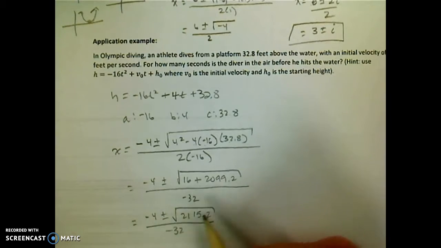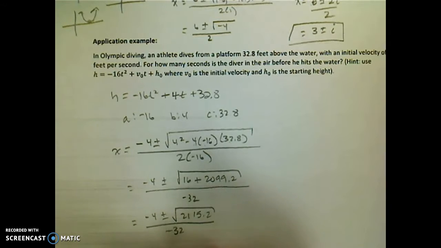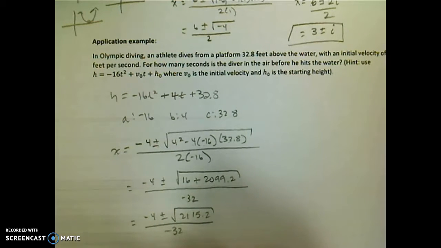So underneath the radical now, 2115.2, when we square root that, we get 45.99. Basically 46 for our purposes.